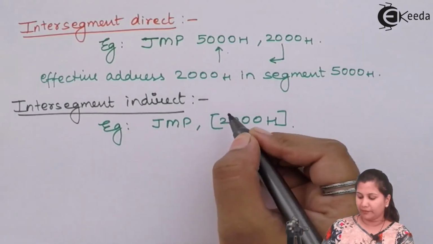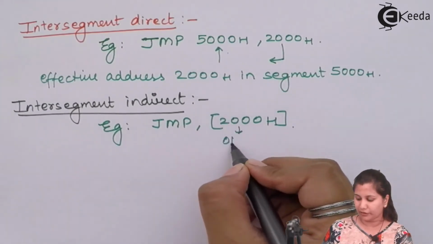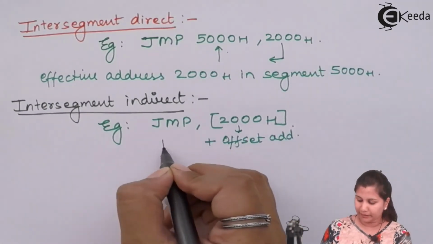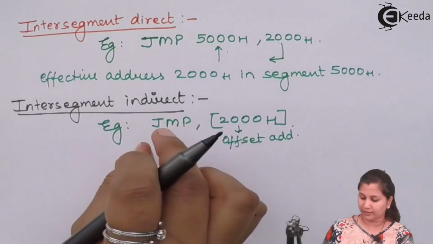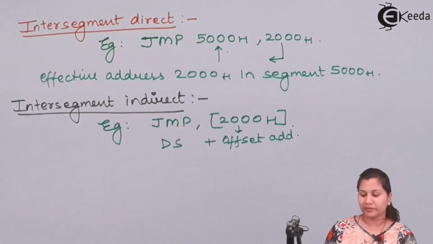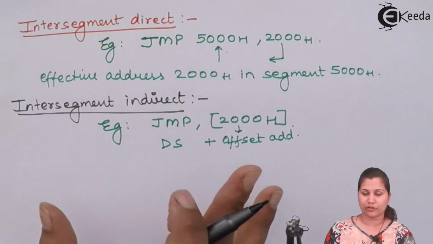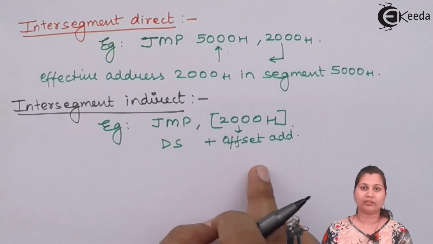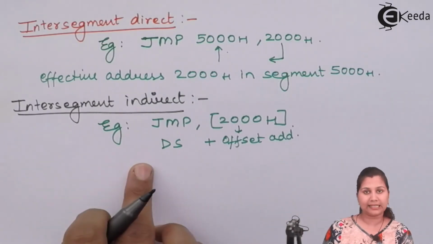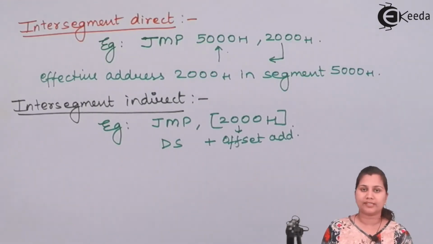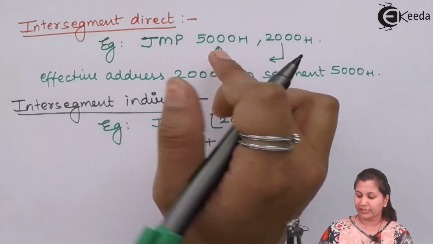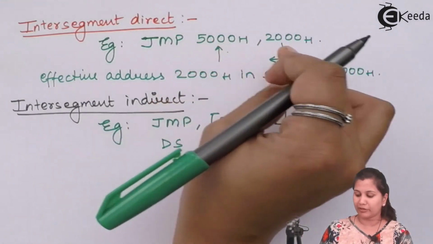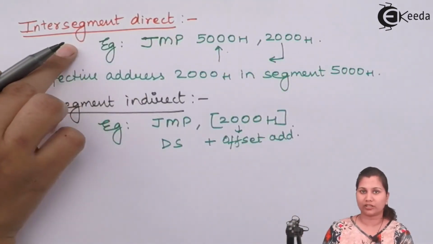The data segment will be added to the offset address, and the microprocessor is going to jump to that memory location. So directly the address is not specified, the offset address is given. We have to add this offset address to the data segment address, and then we get the physical address, by adding 5000 and 2000. Both segment address and offset address are given in the instruction itself.